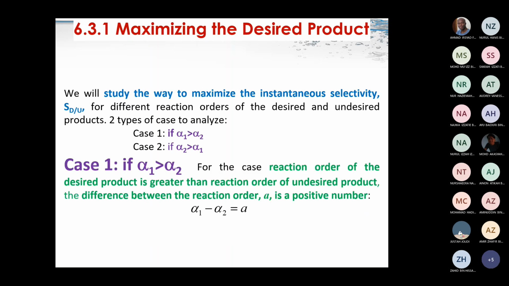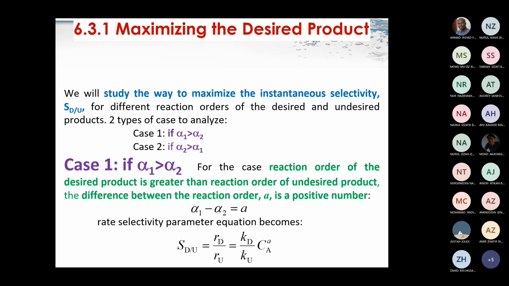We have two cases here, whereby we will study the way to maximize the instantaneous selectivity SDU for different reaction orders of the desired and undesired. The first one is if alpha 1 is more than alpha 2.